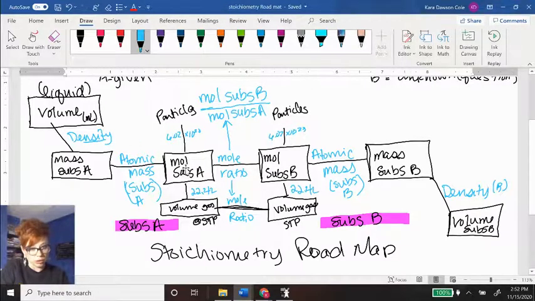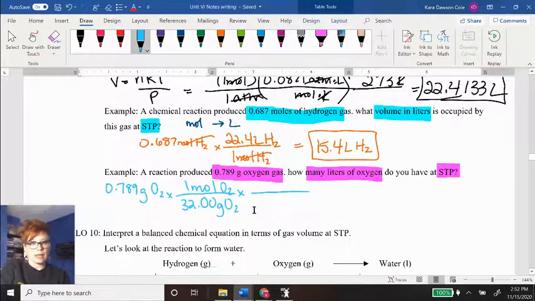Again, if we go into divide, out of multiply. So then here we have 1 mole of O2 and 22.4 liters of O2. So moles of O2 are canceling, grams of O2 are canceling, and we are in liters of oxygen.